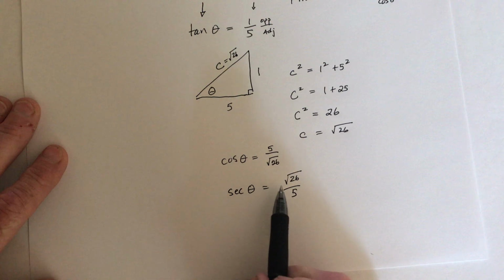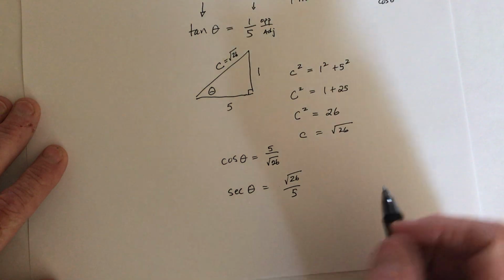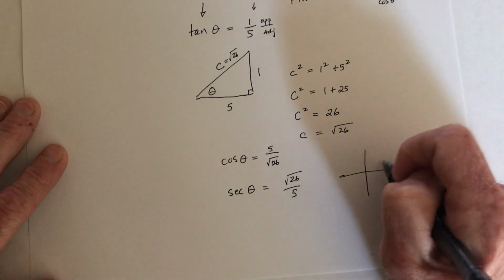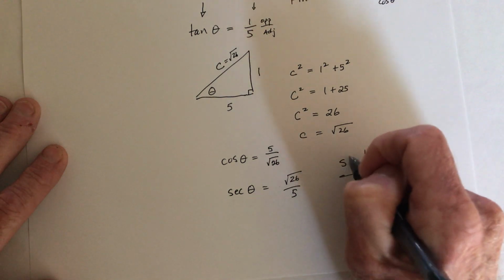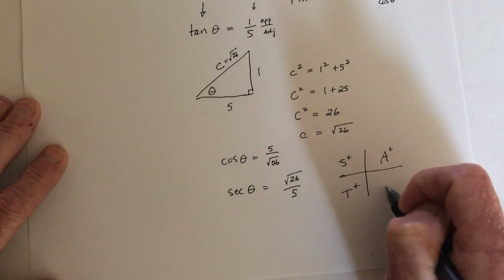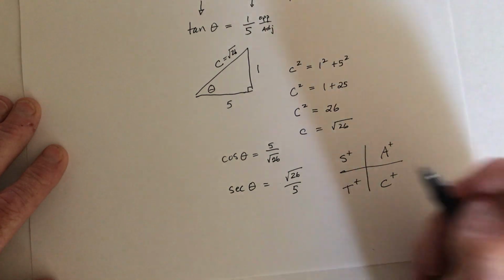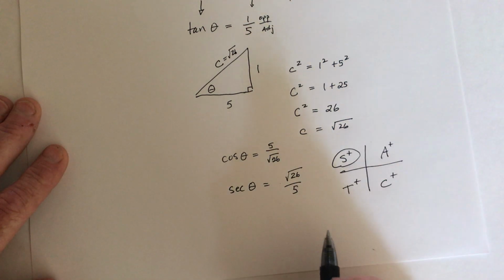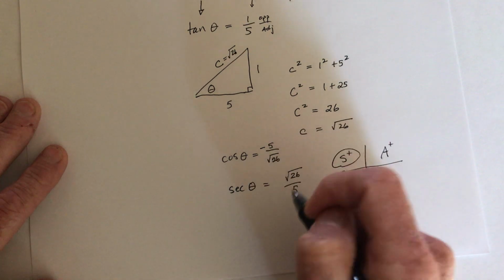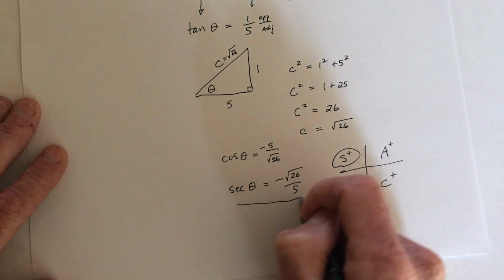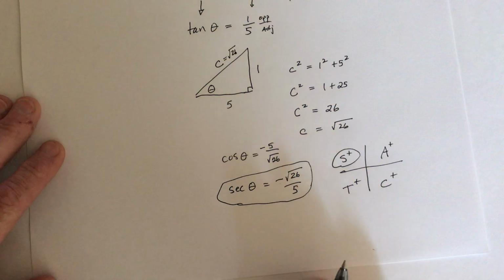Now the last thing to do is decide, do I put a plus sign or a minus sign right here? Smart trig class. The directions said we're in quadrant 2. That means that sine is positive and cosine is supposed to be negative. So the final answer is negative square root of 26 over 5.